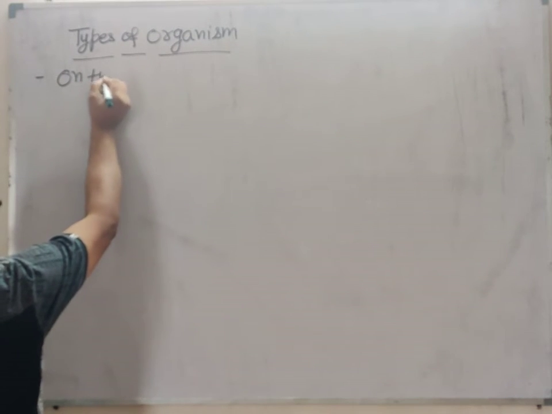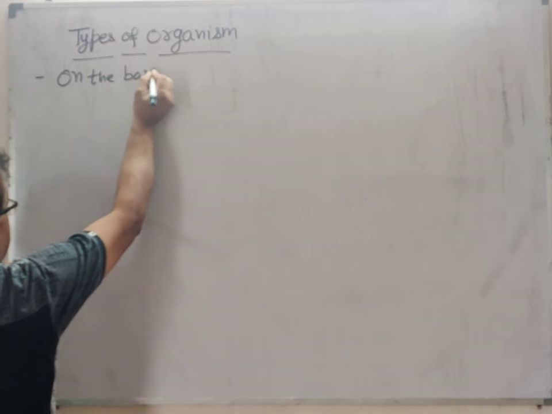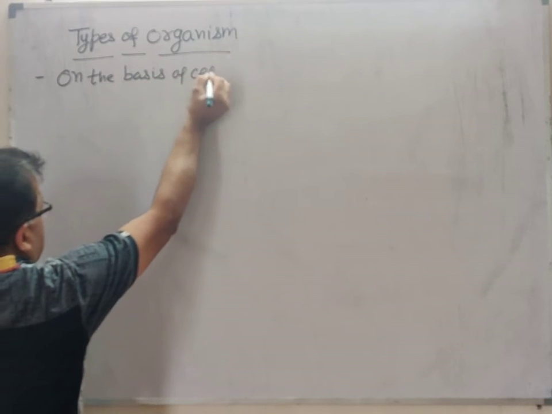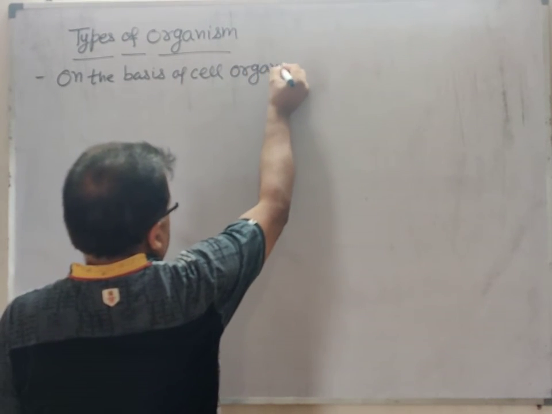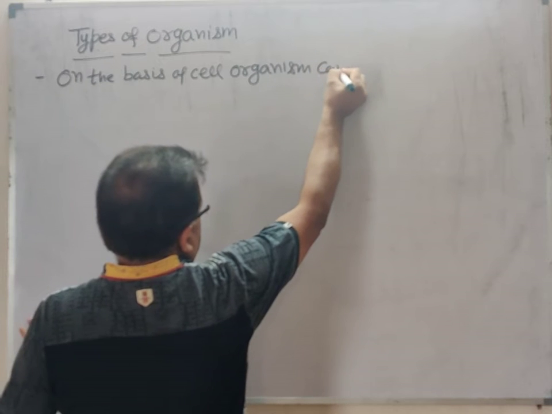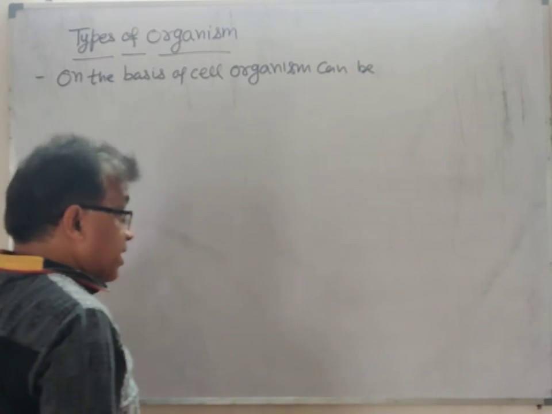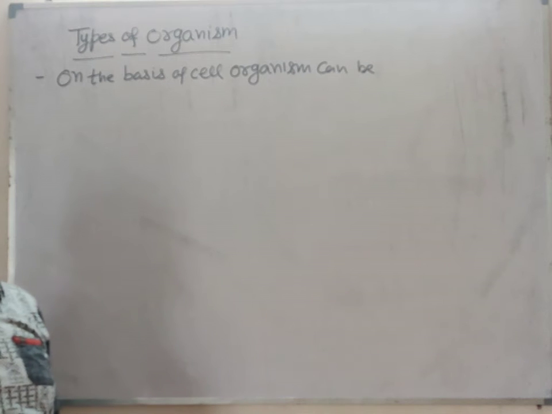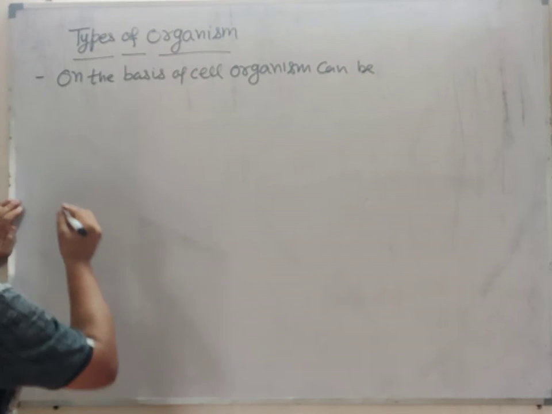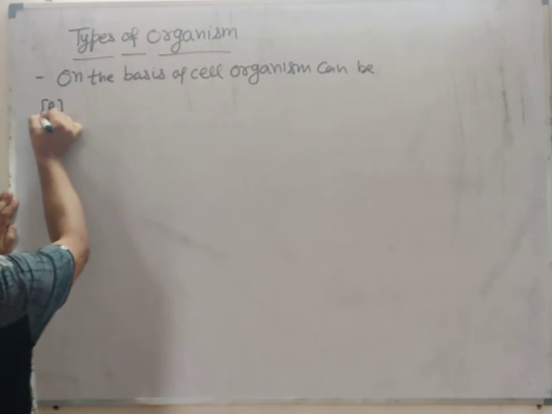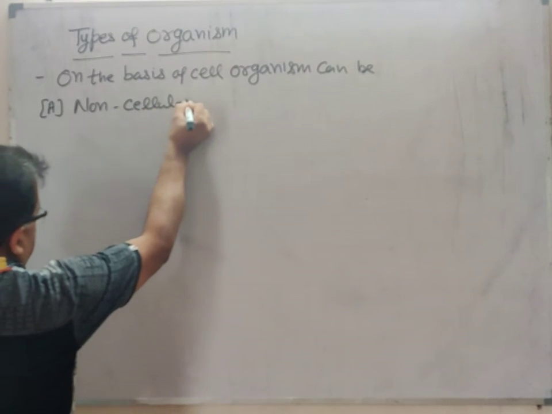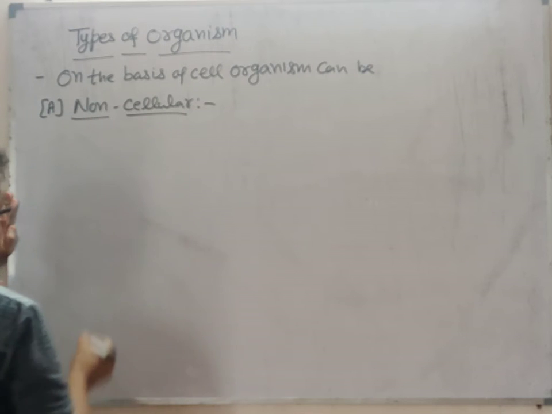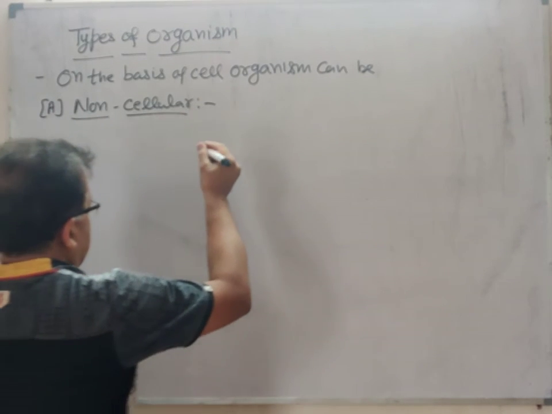On the basis of cell, organism can be either cellular organism or non-cellular organism, that is organism which contains cell and organism which does not contain cell. The organism can be non-cellular, that is organism which does not contain cell.